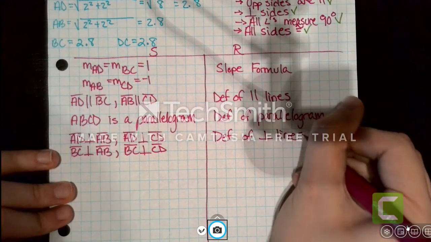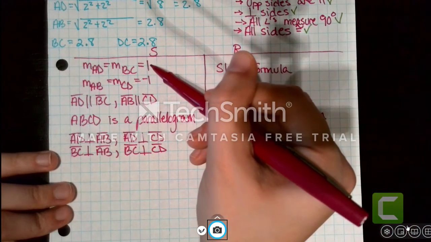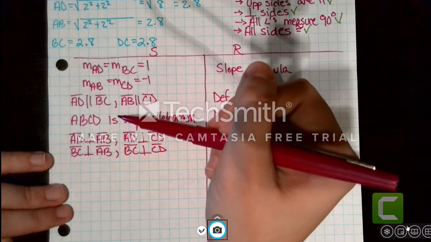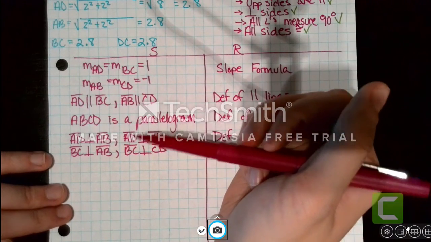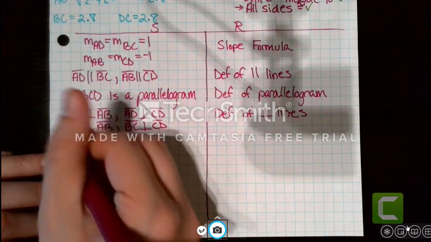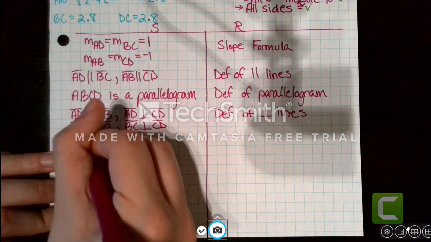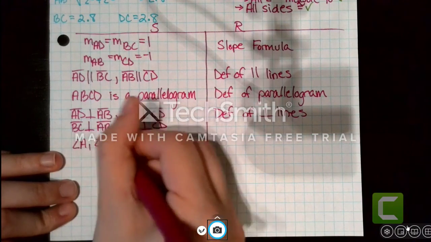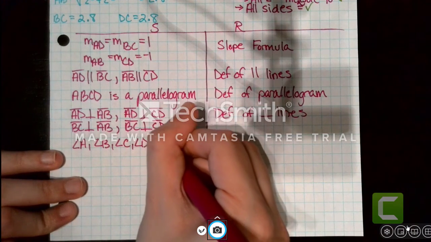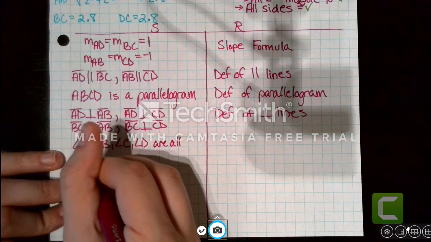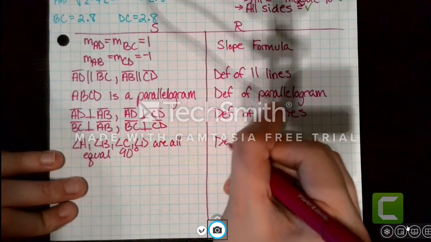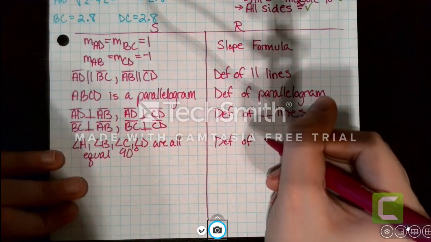Again, this is because since 1 is the opposite reciprocal of -1, that makes these two perpendicular to each other as well as these two. So if we've proven that perpendicular sides exist in this shape, we can claim that angle A, angle B, angle C, and angle D are all equal to 90 degrees by the definition of perpendicular.